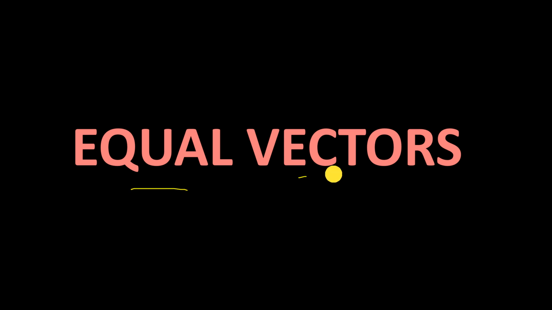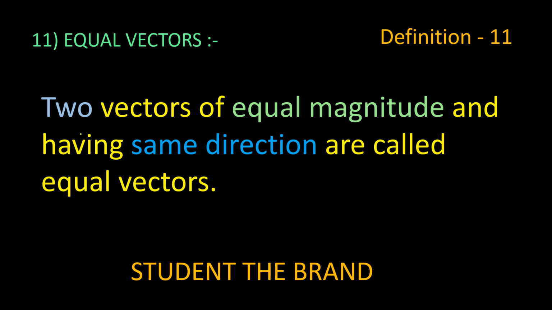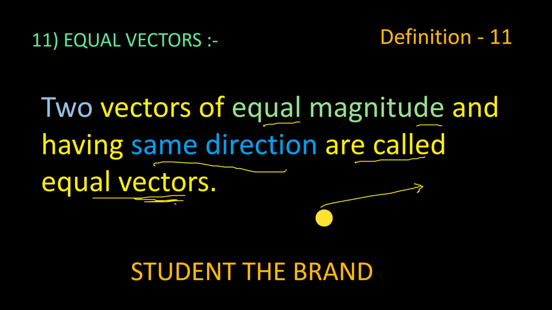Next, equal vectors. Two vectors of equal magnitude and having the same direction are called equal vectors. So here there are two vectors of equal magnitude and the same direction. I'm considering vector A bar and vector B bar. Both have the same magnitude, meaning equal magnitude and same direction.